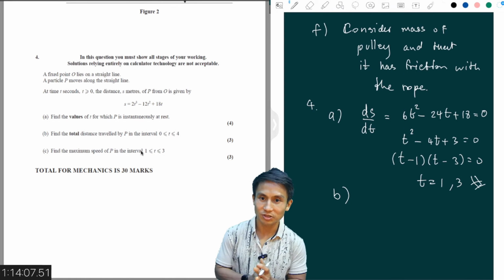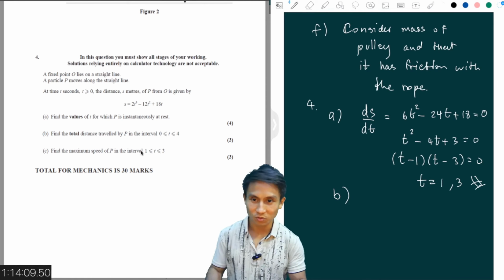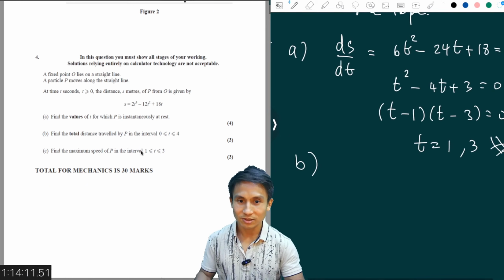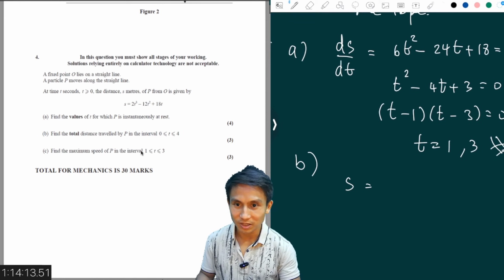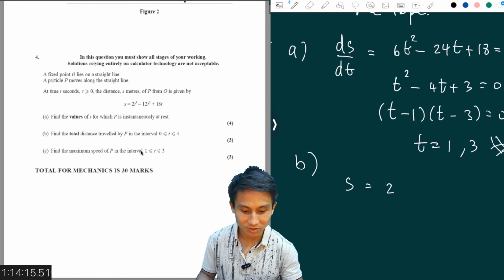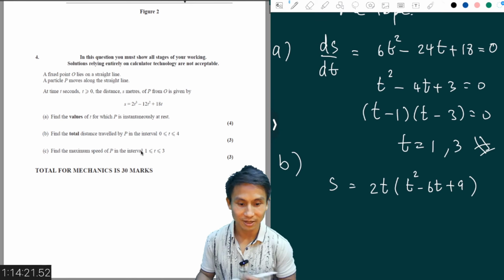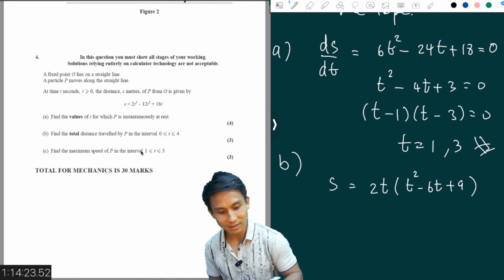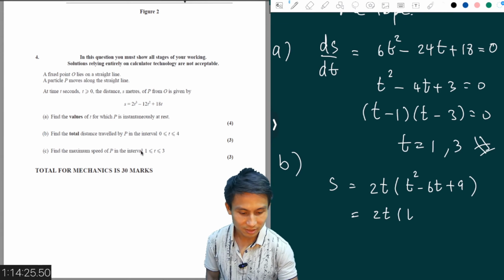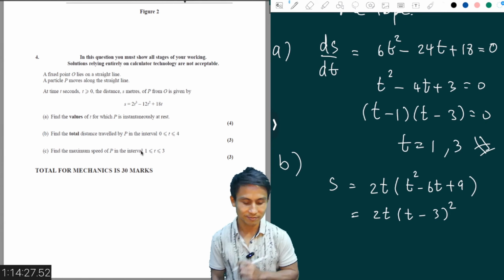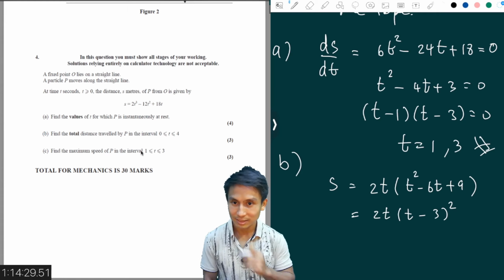I'm just gonna plot this whole graph first to see, because it's 3 marks, so that's bugging me a bit. So I'm just gonna take 2t out, and that's gonna be t squared minus 6t plus 9. Can I factorize that? Yes, I can. So 2t, t minus 3 squared, right?